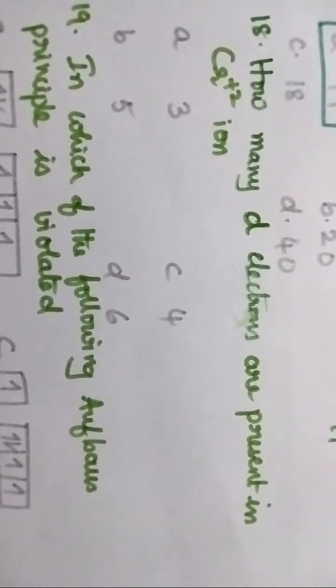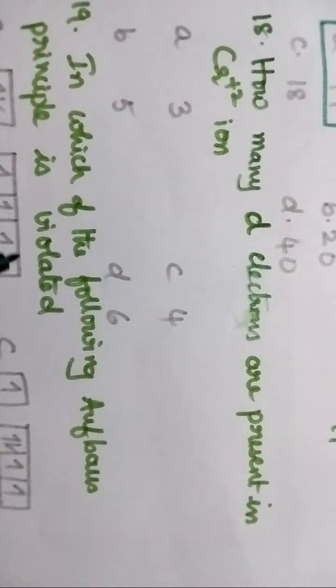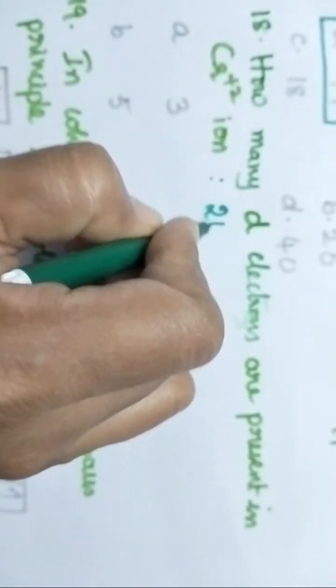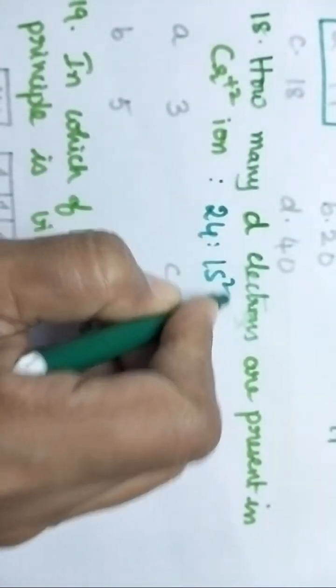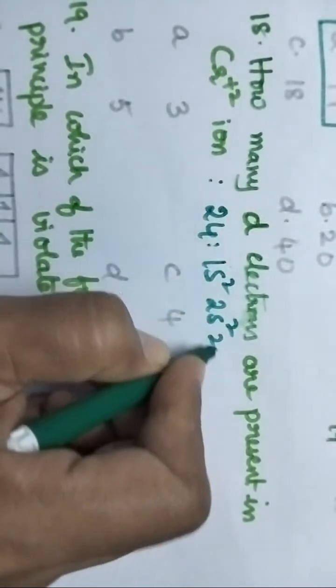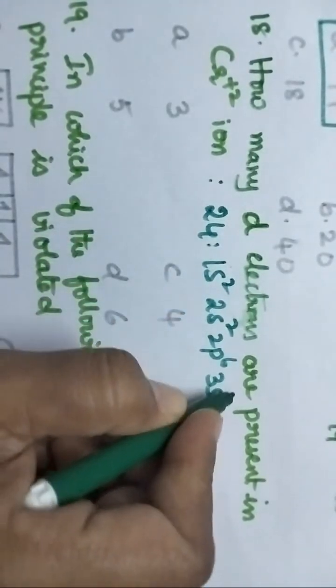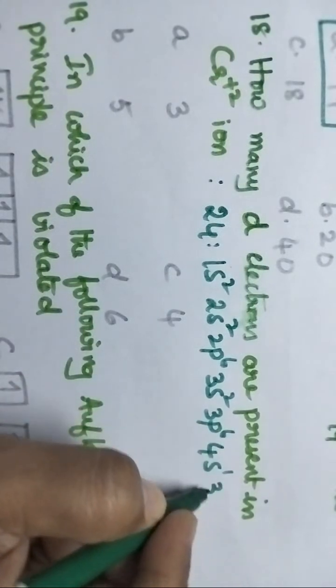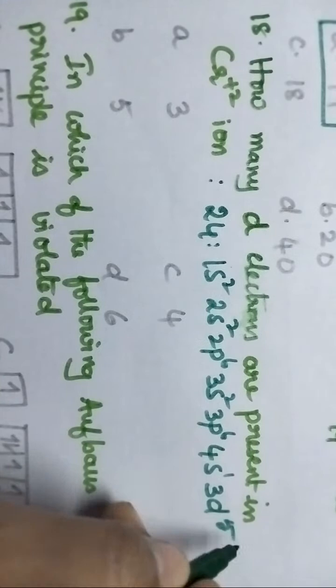How many d electrons are present in the chromium plus 2 ion? Again, here you are supposed to write the configuration of chromium first, followed by chromium plus 2. Chromium atomic number is 24 and its configuration is 1s2, 2s2, 2p6, 3s2, 3p6. Remember that 4s1, 3d5.